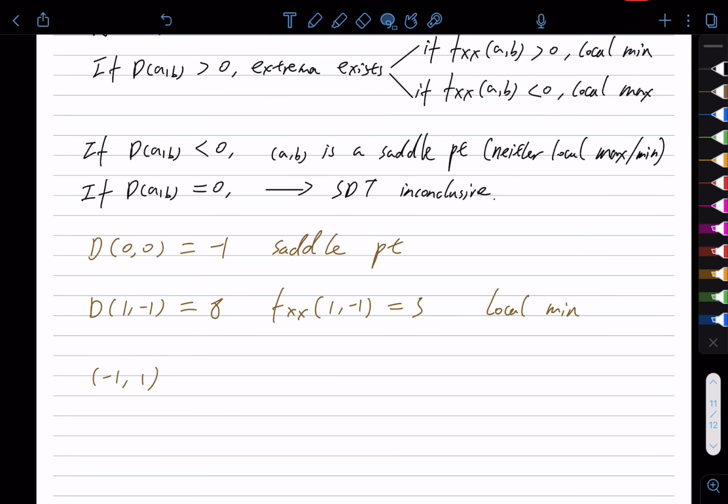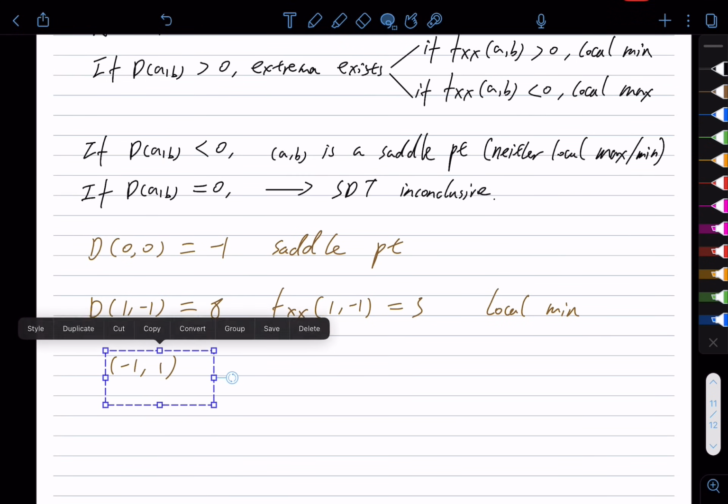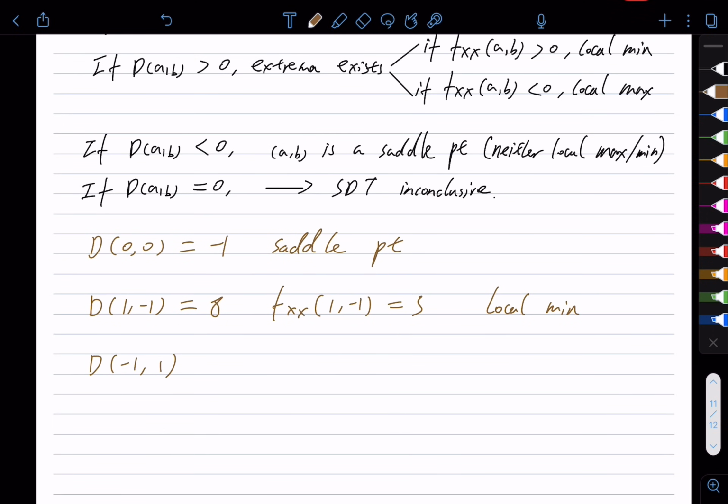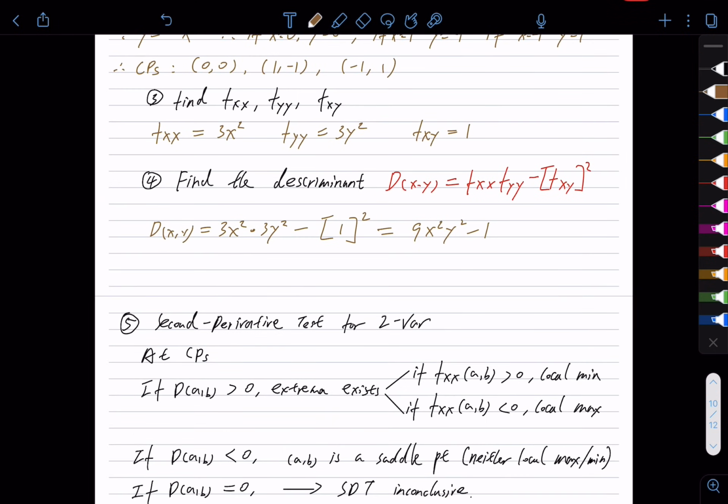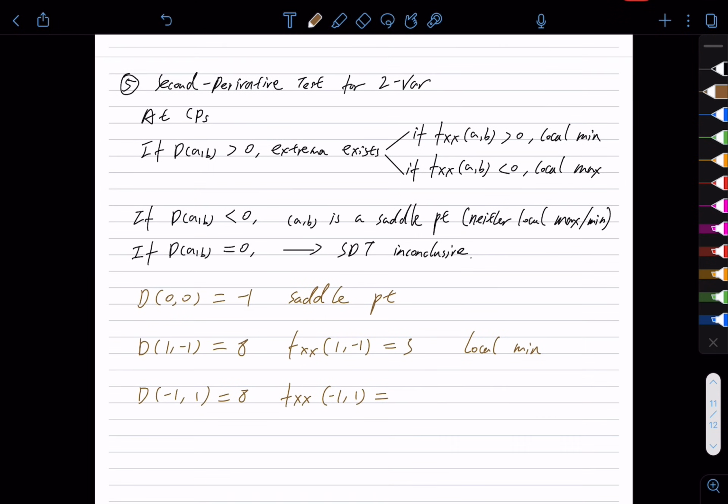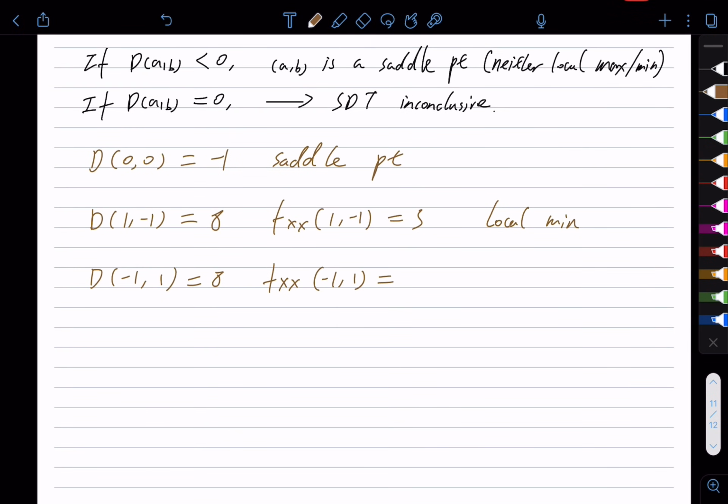All right, let's try it one more time. We can test this at (-1, 1). That will give us 8 as well. And fxx at (-1, 1) is going to be 3 again, because we have x squared, so the -1, 1 doesn't really matter.